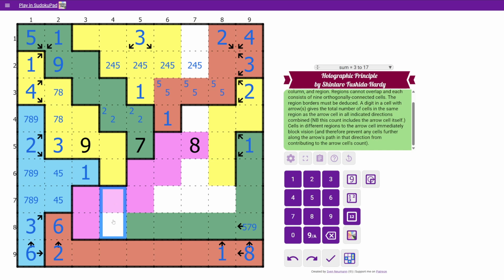There must be a 1 somewhere in this column. If it goes here, then obviously that has to be pink. Green already has this. There's also, so we got 4s here, we got 4s here. There must be a 4 here with the 2.